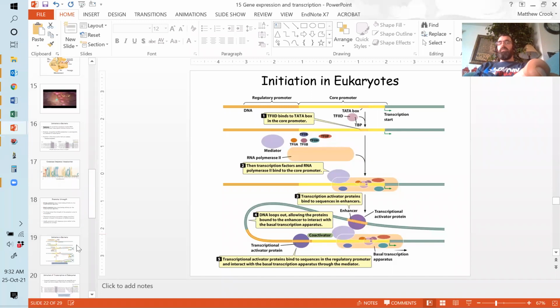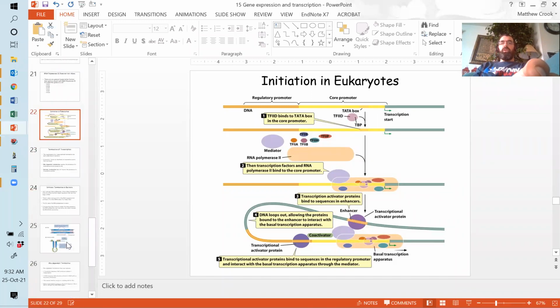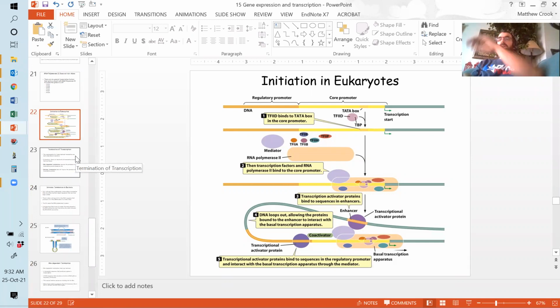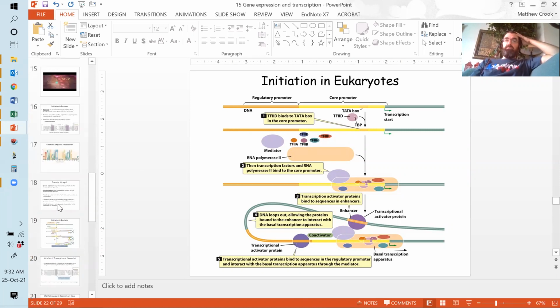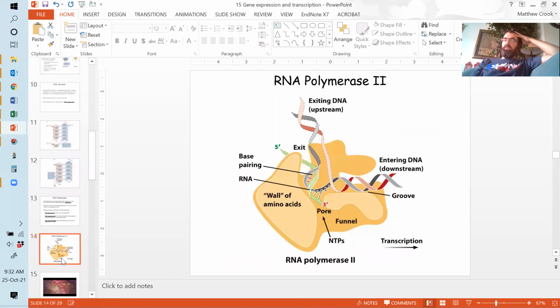And so that video is up there for you, should you want to look into it in more detail. So in terms of the actual process of transcription, there's nothing very much to it. RNA polymerase does all that we've said before, right? It goes along the DNA, opening up a little bit of it as it goes to create this single-stranded complex.